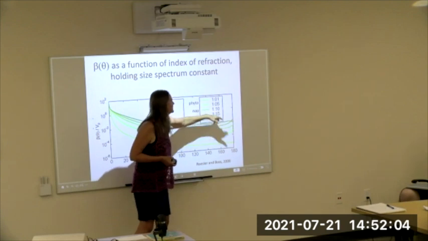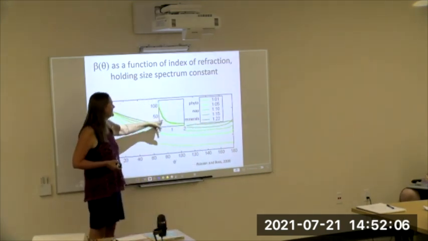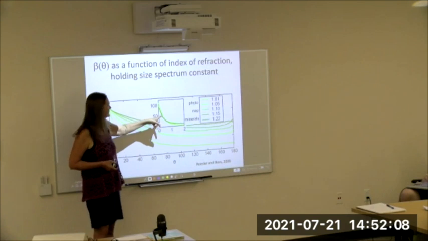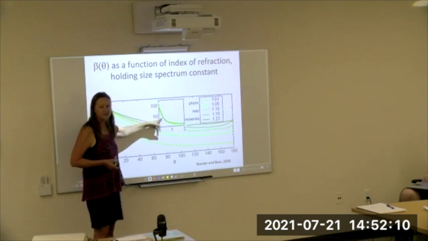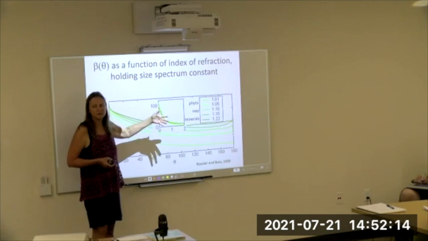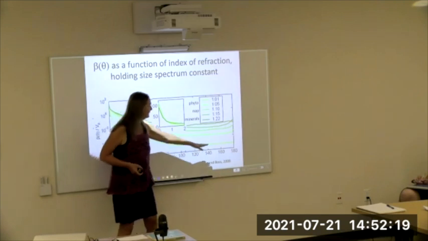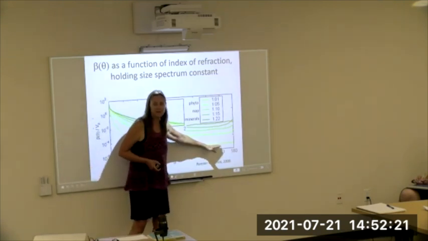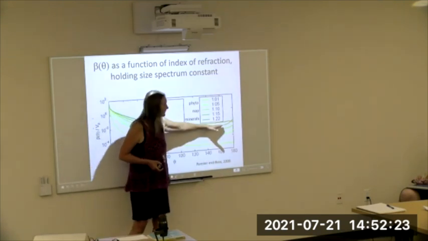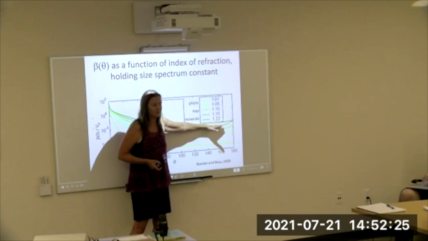But if they're the same size communities of particles, the diffraction doesn't really change. Diffraction is relatively insensitive to the index of refraction. But look at the backward direction. Phytoplankton, very weak backscatterers. Mineral particles, very efficient backscatterers. Same size particles, just different composition.